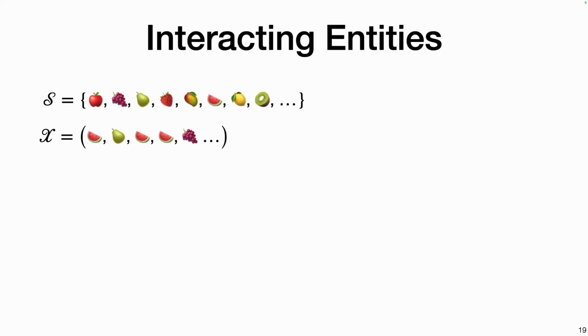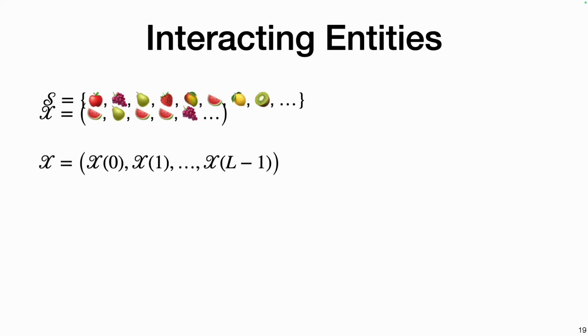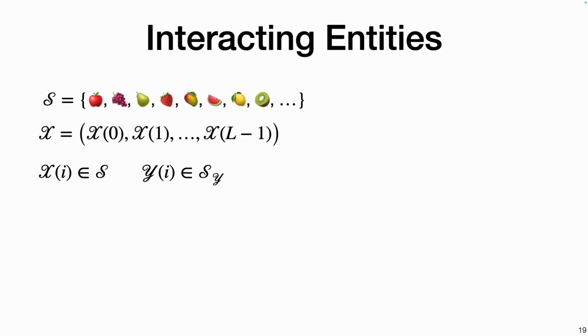These tuples are represented with the X you see here. And more abstractly, we can write it like this. We denote the length of the tuple with capital letter L. For each element in the tuple, we have a corresponding label element from another domain S sub y. So we write the corresponding label tuple, what you see here.